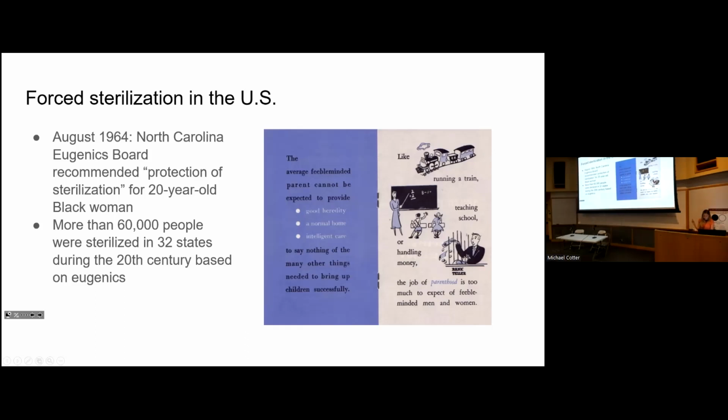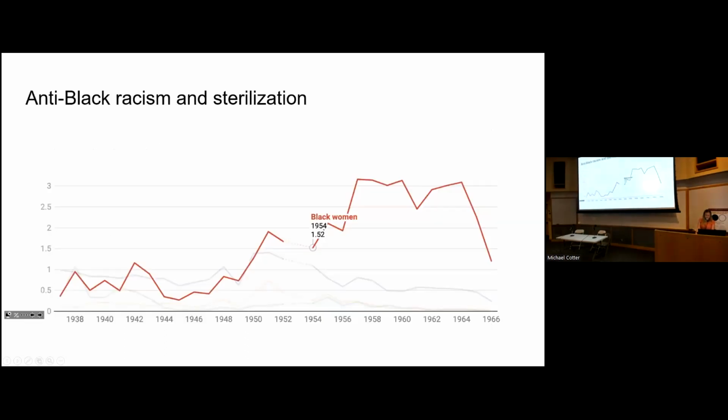This is a pamphlet extolling the benefits of selective sterilization published by the Human Betterment League of North Carolina in 1950. So it's no coincidence that sterilization rates for Black women rose as desegregation got underway in the 1950s.